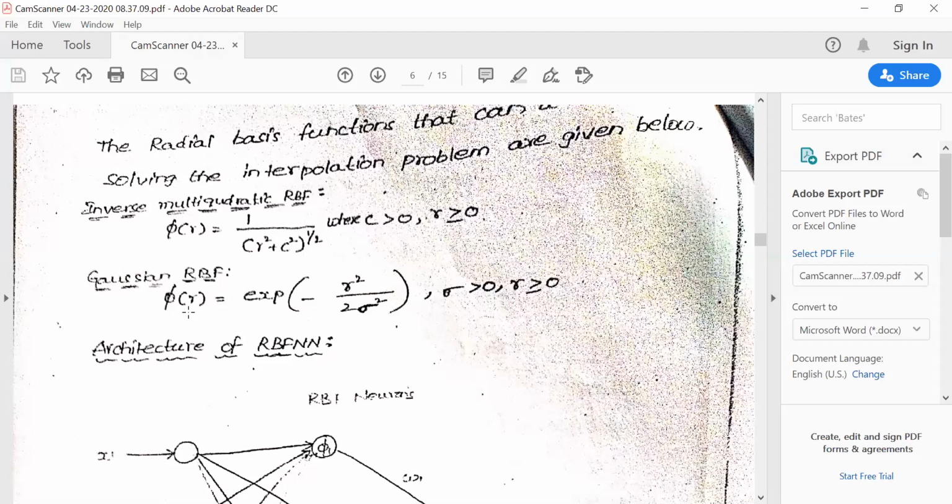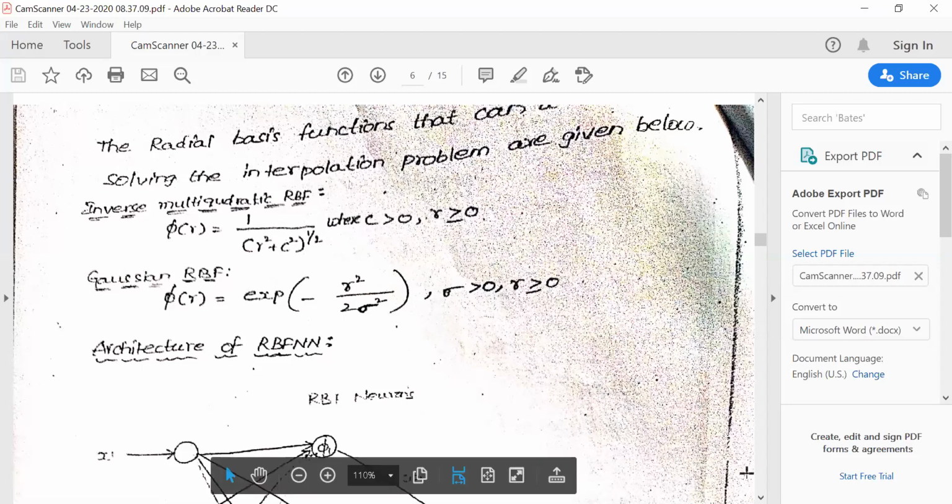The Gaussian RBF function is another possibility. These are the most popular RBF functions used in networks. It is e power minus r square by 2 sigma square, with sigma greater than 0 and r greater than 0. Sigma acts as the standard deviation of the input points.